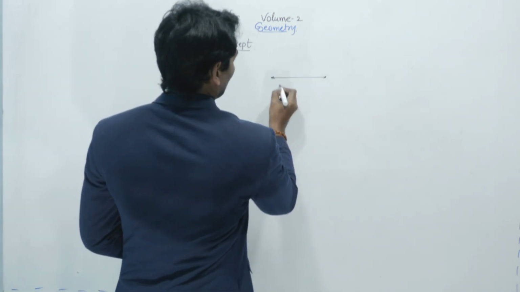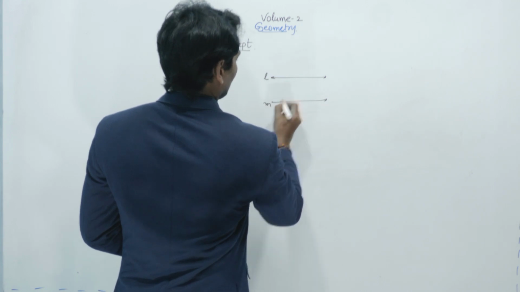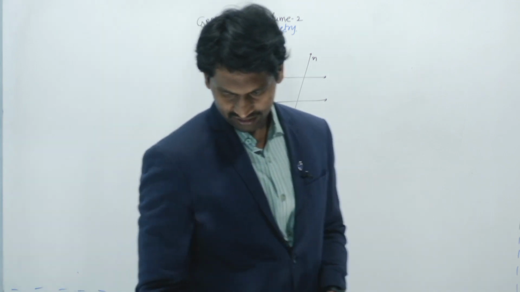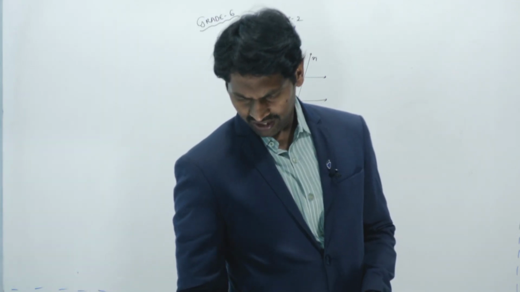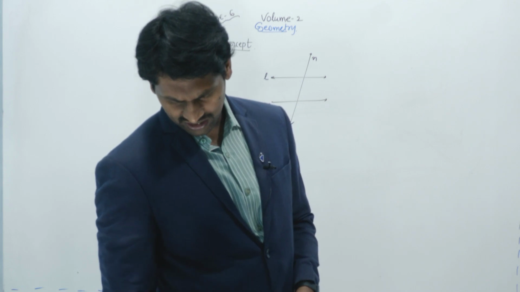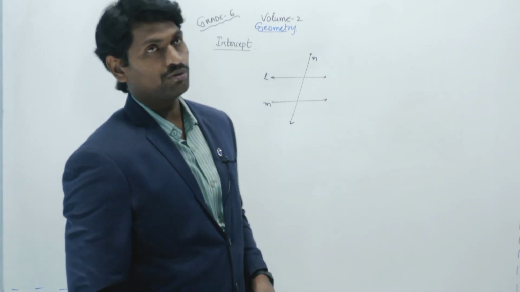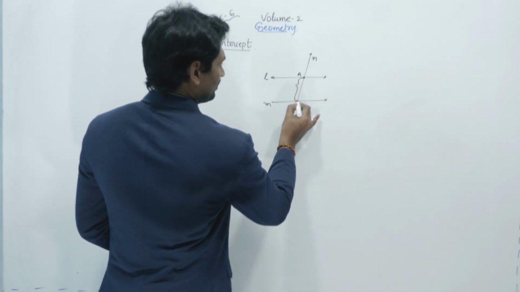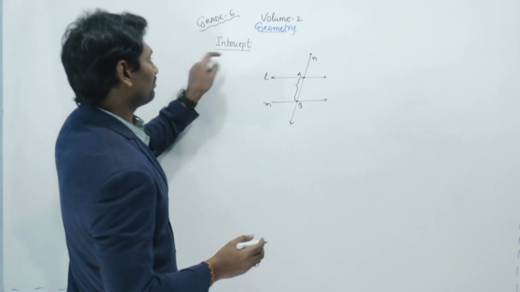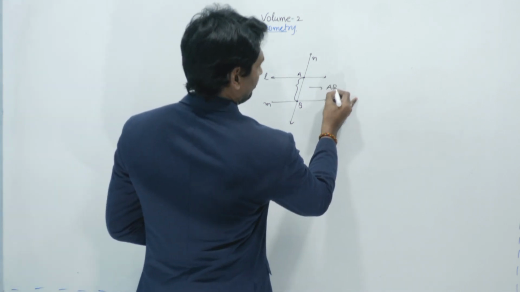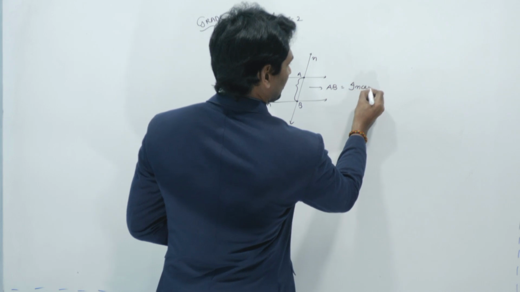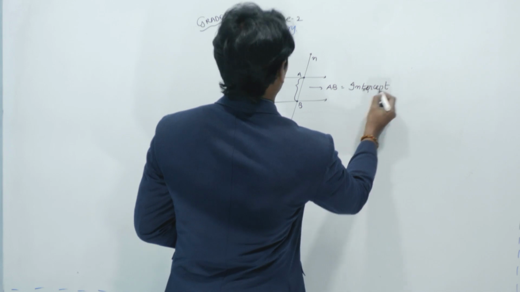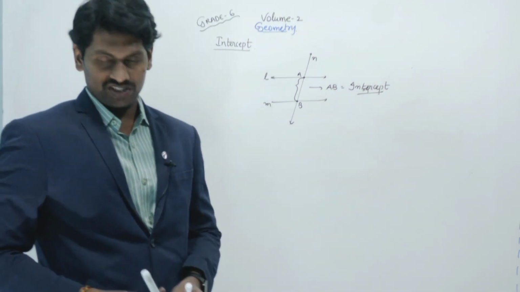I am taking two lines L and M intersected by a transversal N at A and B. The distance between A and B is called the intercept. The distance AB equals the intercept, from the definition we discussed.